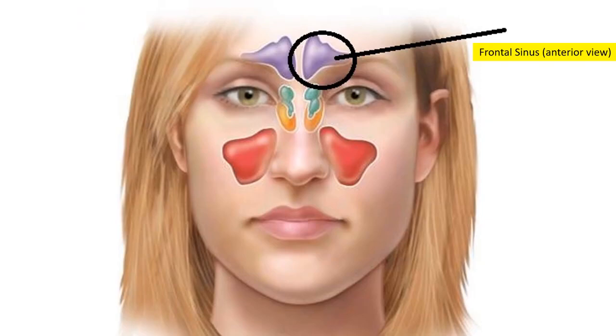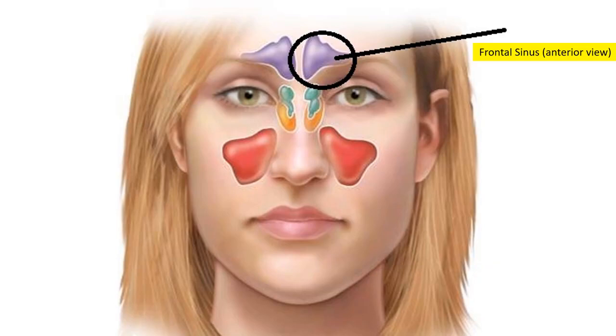In the next few slides, we're going to see an anterior view of different nasal sinuses, and we have to address these sinuses because when they get inflamed, they hurt people in the form of facial pain.